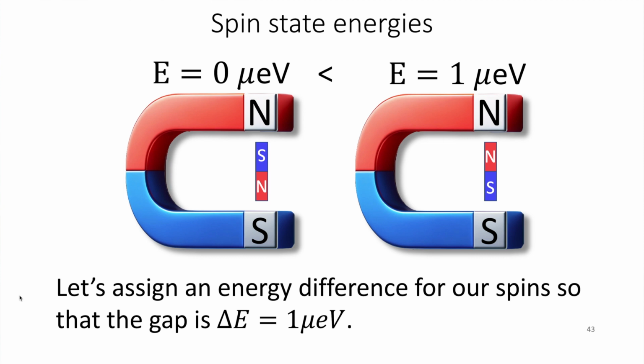So similar to the negative absolute temperature video, we're going to define the energy for our 2 states here. We're going to say that if the spin is aligned, that's 0 microelectron volts. And if it's anti-aligned, that's 1 microelectron volt. Now, remember I made a big deal out of how the coins were indistinguishable. Well, if we think about a bunch of spins contributing energy, it's a similar thing.